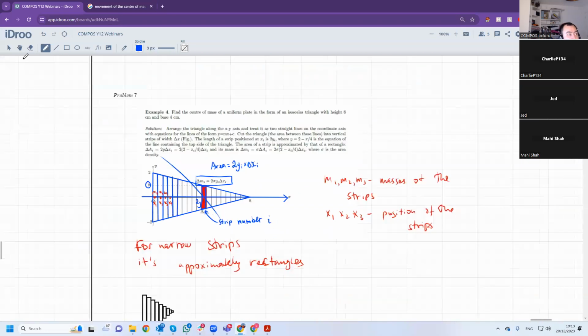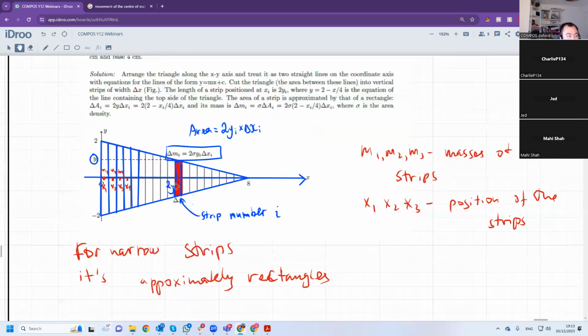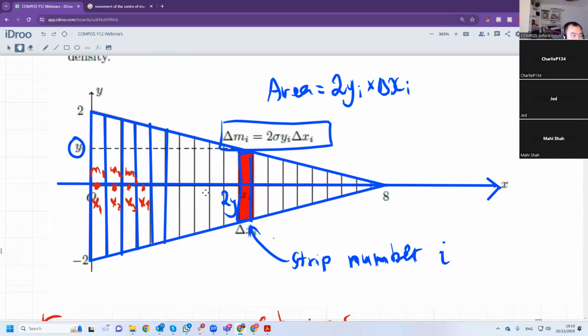So what do we have? Because this is 0, and this is y, and this is another y, so overall that's 2y.